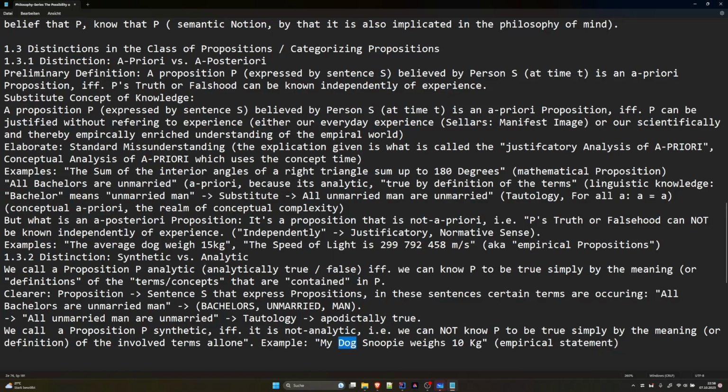And in the concept of dog, of weight, of kilogram, of whatever concept may be involved in this sentence, the proposition is conceptually structured. This is an empirical fact. You have to look at the world. You have to weigh my dog Snoopy to actually figure out whether it's true or not.